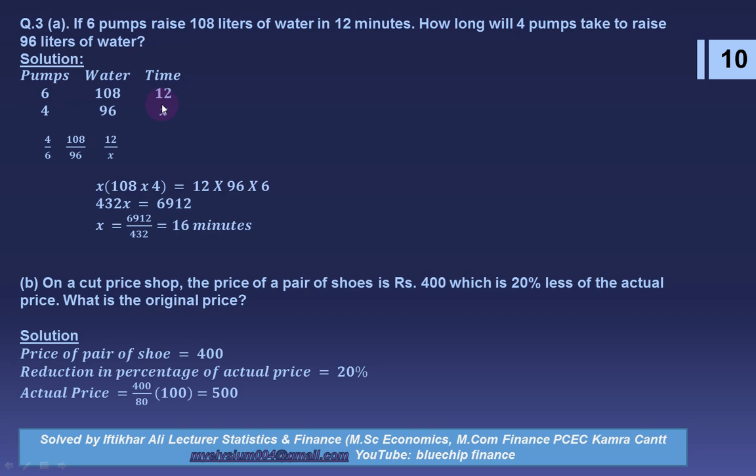Or in reverse, if we use more time to pump out water, we take more water, so the relationship is positive and the order will be the same, which is given here. So 108 by 96.